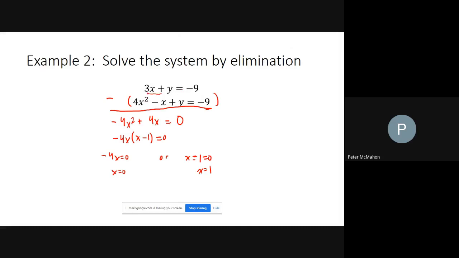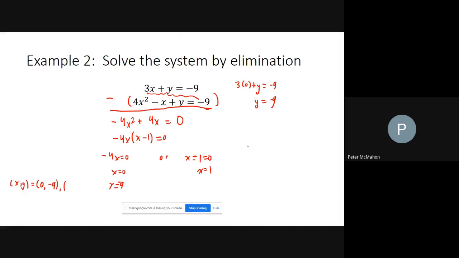I'll use this equation over here. 3 times 0 plus y equals negative 9, which means y equals negative 9 with this x value. So we have (x, y) equals 0, negative 9. That's one solution.